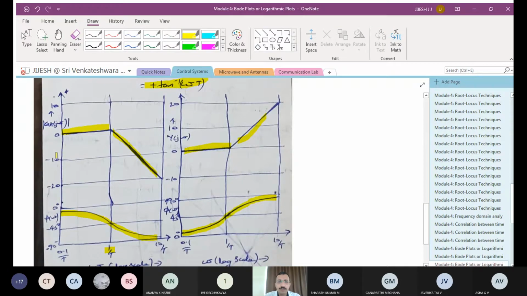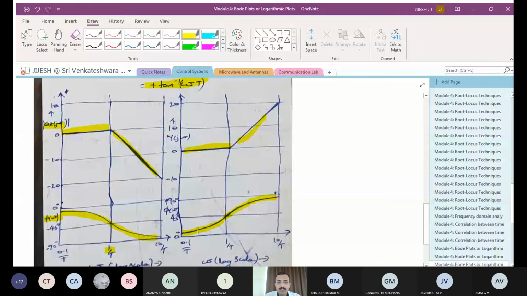In the magnitude plot, you take 0, 5, 10 like that on the y-axis, where it is G of j omega. In the phase plot, you take the angle, like minus 45, minus 90 or plus 45, plus 90, on the y-axis for phi of omega. In the magnitude plot you take 0, 10, 20 like that.